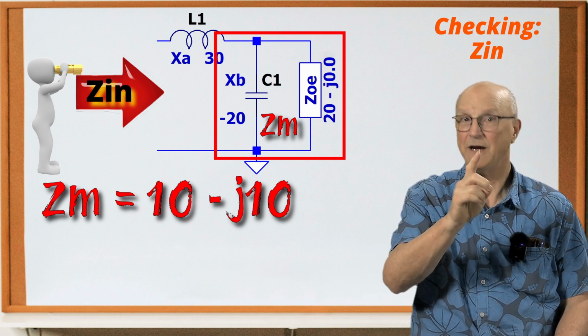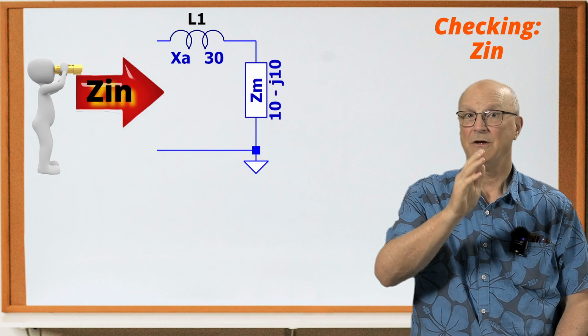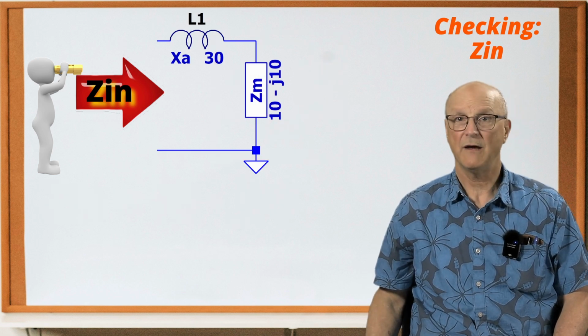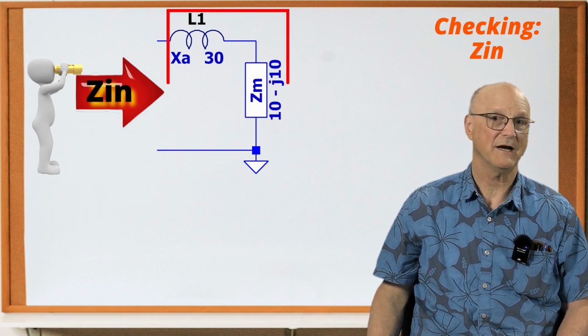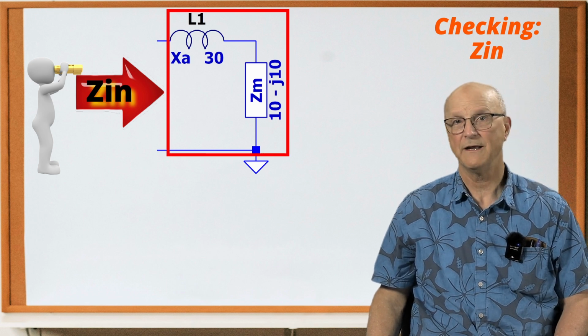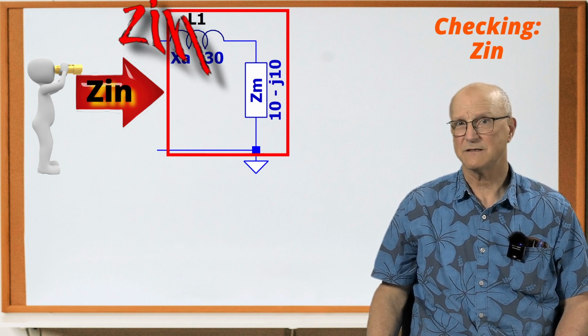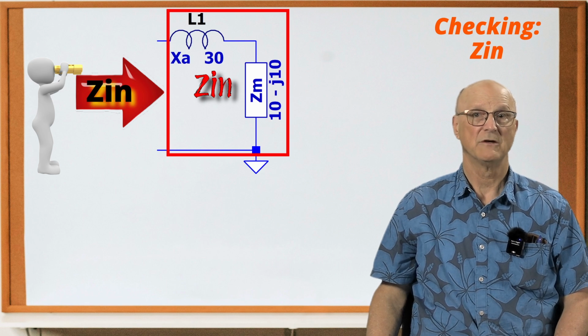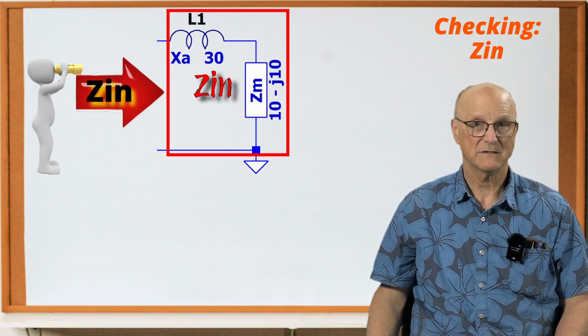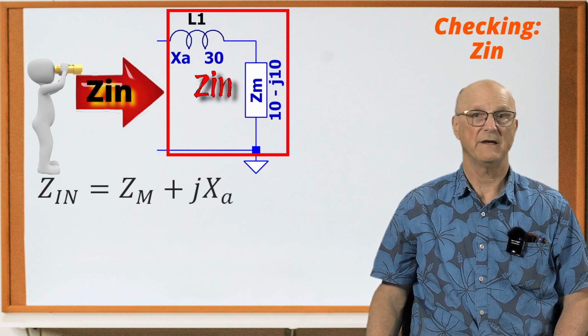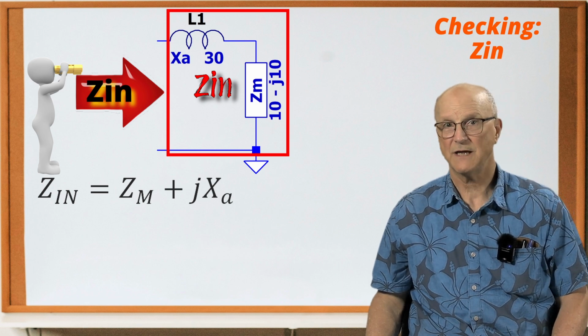Now, we're almost there. Lastly, we can see that Zm is in series with the inductive reactance of L1, and that this is the input impedance. So the input impedance is equal to Zm plus jXA.